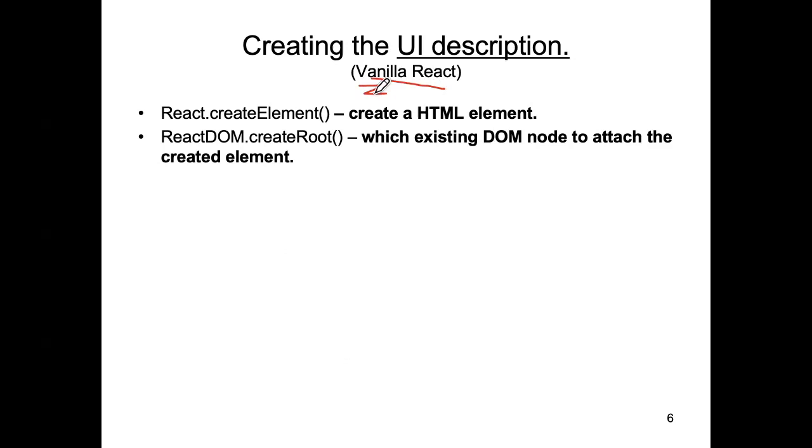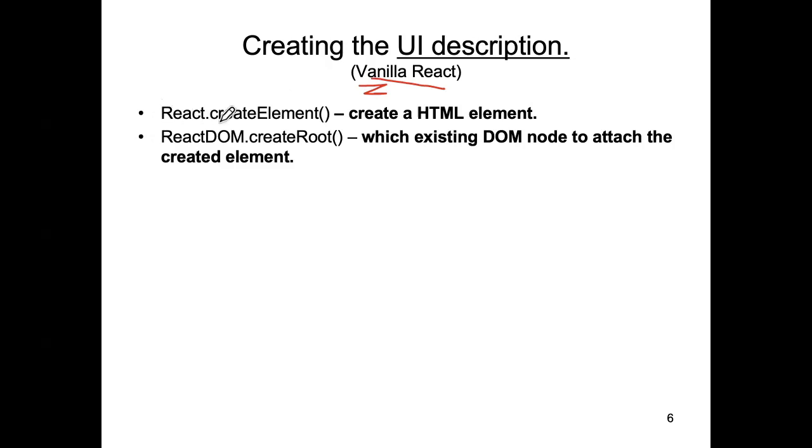It doesn't execute the source code that we write, which will be quite different from the vanilla React code that the browser executes. But it does simply boil down to this: there are two methods that the React library makes available to us, and these two are sufficient to code up any UI description part of a component.